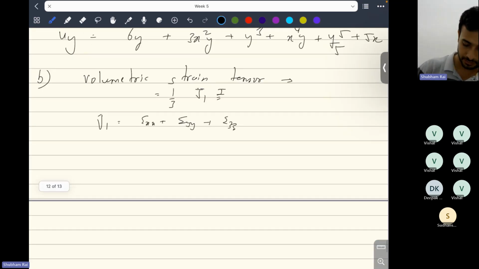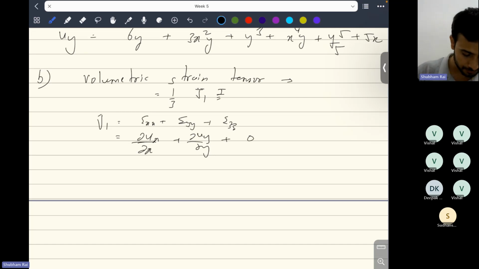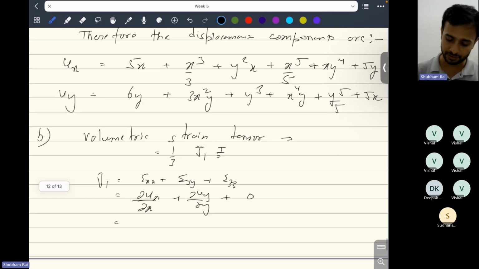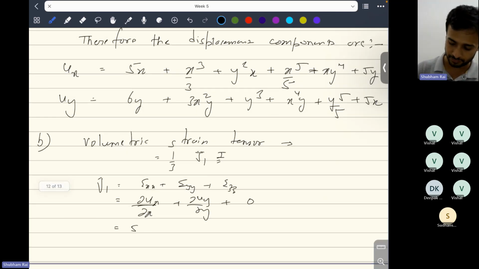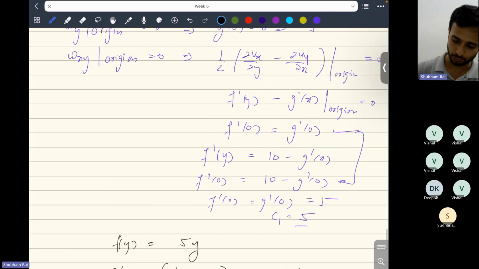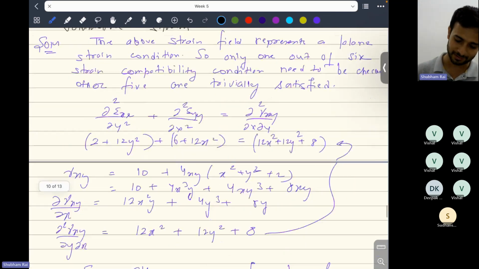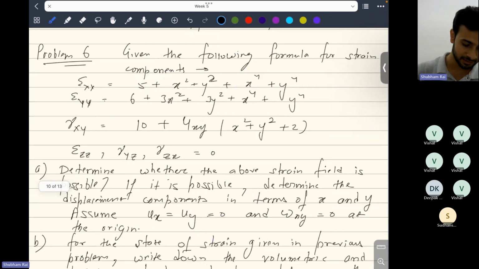Epsilon xx you can easily find, because this will be del ux by del x, del uy by del y, and this is obviously 0. So if you differentiate del ux by del x, you will get 5 plus x square. It's given to you in the question only, epsilon xx and epsilon yy. You just add them and you will get the result.